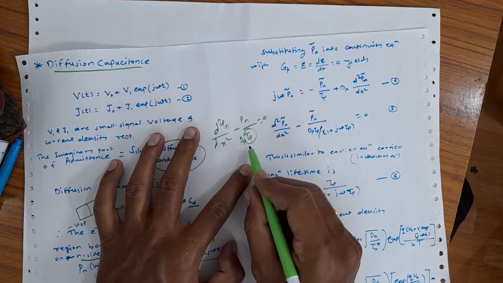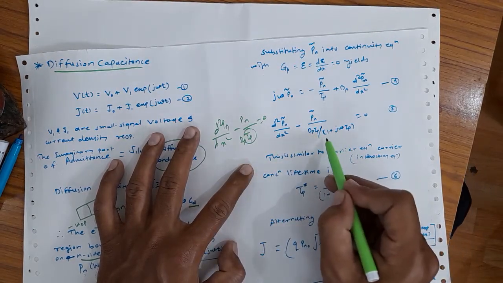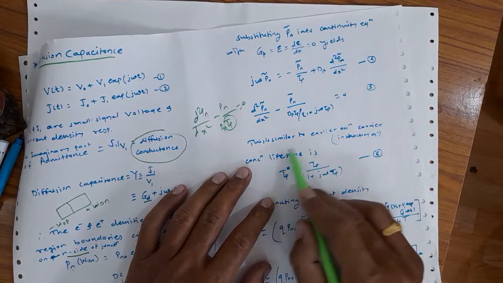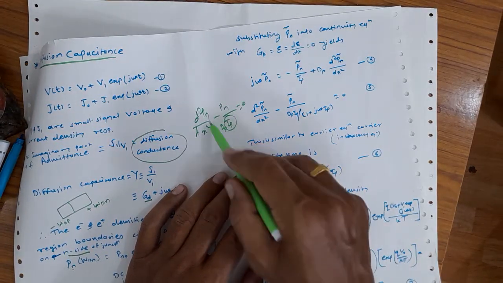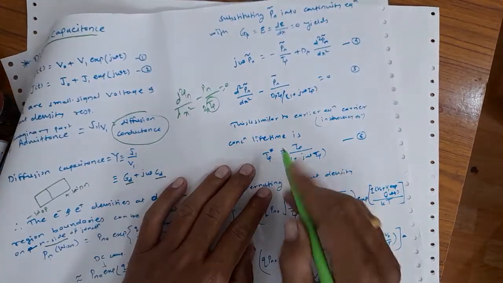But instead of this tau p, here we are getting something different. This is the second order differential equation we obtained earlier for carrier concentration.